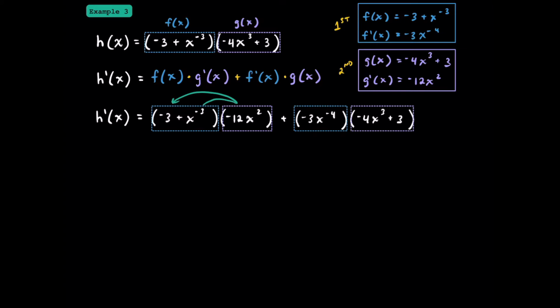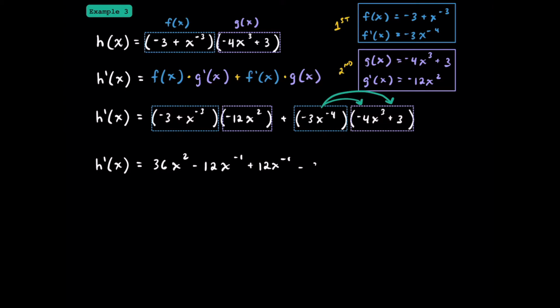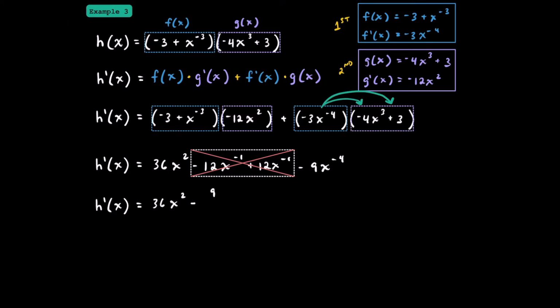Distributing here, we're going to get 36x to the second power minus 12x to the negative first power. And distributing over here, we'll get plus 12x to the negative first power minus 9x to the negative fourth power. Since these are opposites, they're going to cancel out. So we'll be left with 36x to the second power minus 9 over x to the positive fourth power.